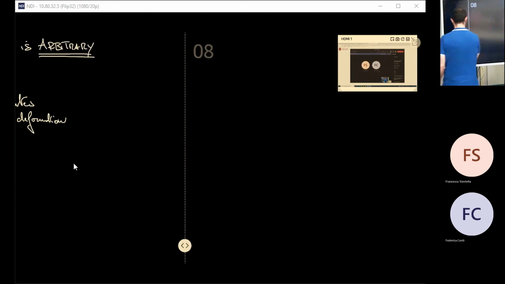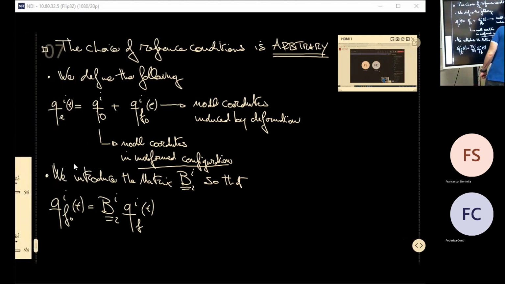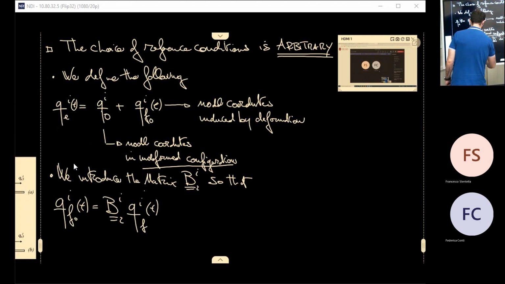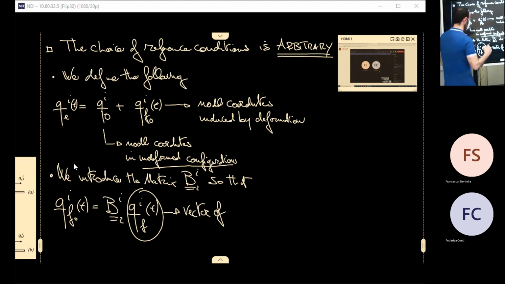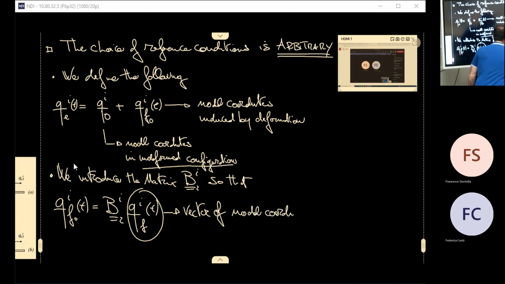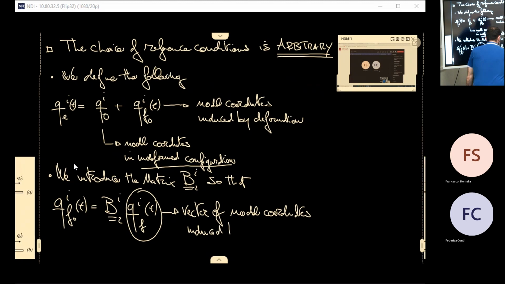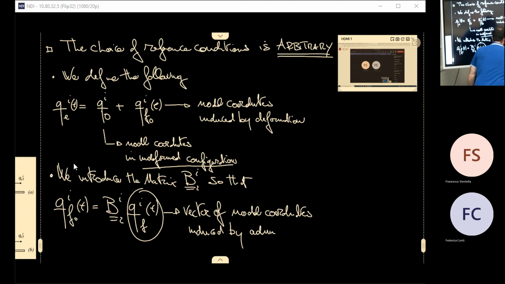In our case, so again, sorry, before actually saying that, this is the vector of nodal coordinates induced by admissible deformation, okay? And it will be clear right now.